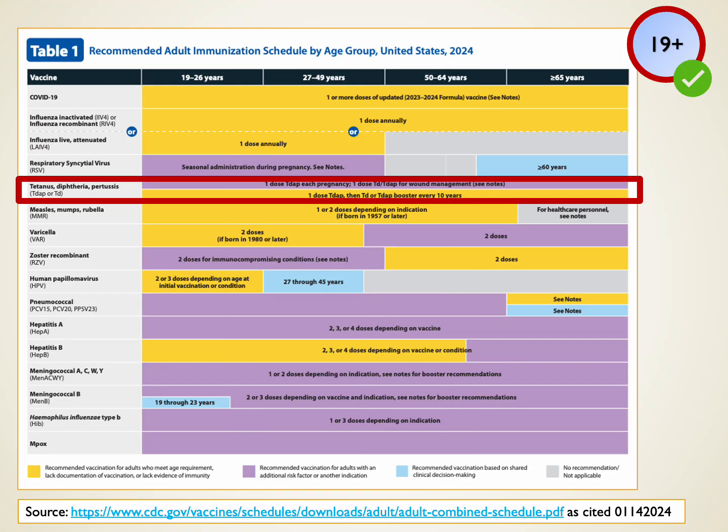And adults are candidates to get a tetanus and diphtheria vaccine every 10 years. And if you haven't had a recent tetanus diphtheria vaccine, then you want to make sure that you get one with acellular pertussis as your first one, and then continue with diphtheria and tetanus vaccines thereafter every 10 years.